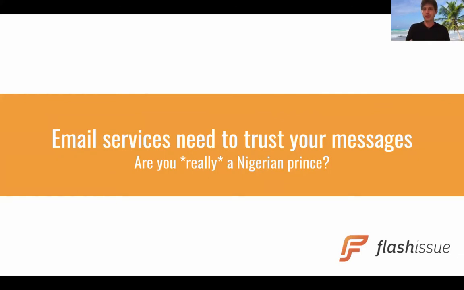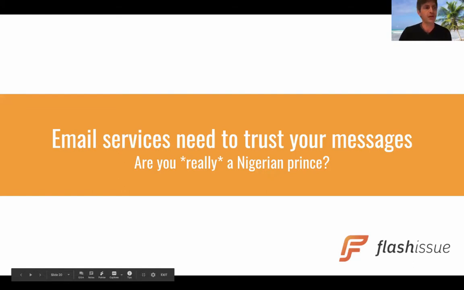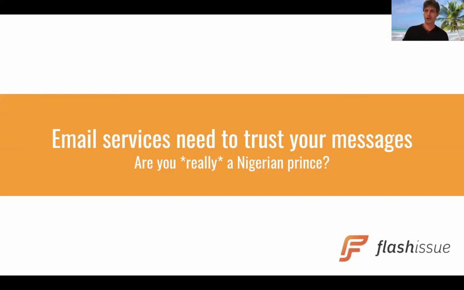So you've all gotten the Nigerian prince scam email at some point, right? Someone sends you an email and tells you, hey, I'm a prince from Nigeria, and if you send me some money, I'll send you some more money. Or you might have gotten a phishing email that says it's from eBay, but it's not from eBay. It just looks like it's from eBay.